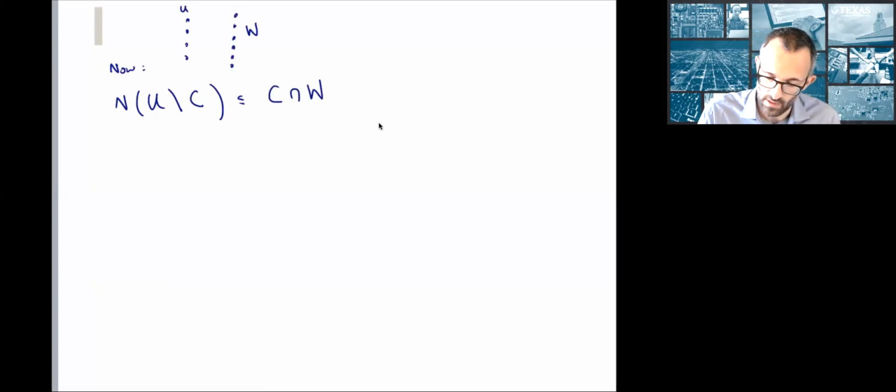So what I'm saying is that the neighbors of what's on the left minus what's in the vertex cover is something that's in the vertex cover on the right, simply because a vertex cover has to cover every single edge.